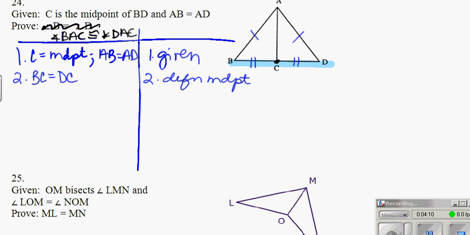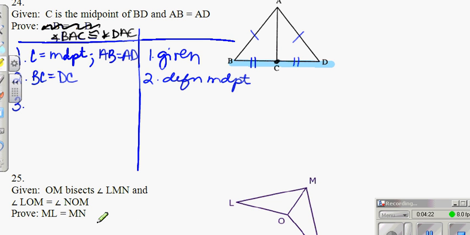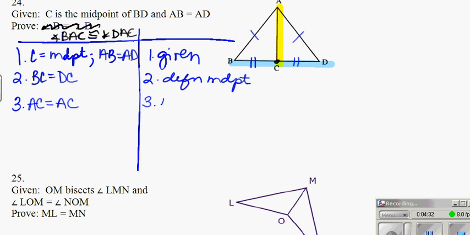Or I could use the reflexive side and say the triangles are congruent by side, side, side. I'm going to write it down one way and then I'll do an aside. So I'm going to use the reflexive side because I always want to use that side if I'm given it. It's an easy way. Right there, they share that side. And so I'm going to write that AC equals AC, because it's fold in half, that's how they'd match up, by reflexive.